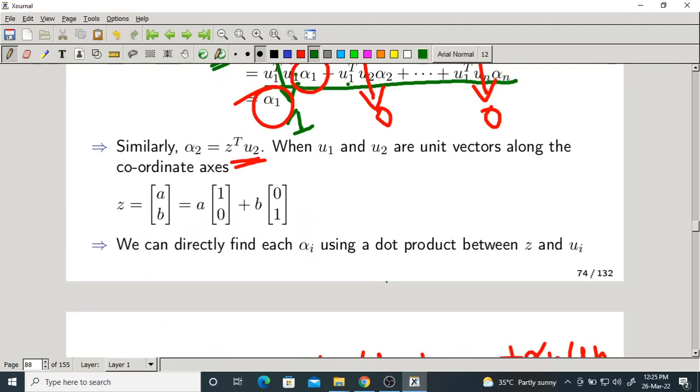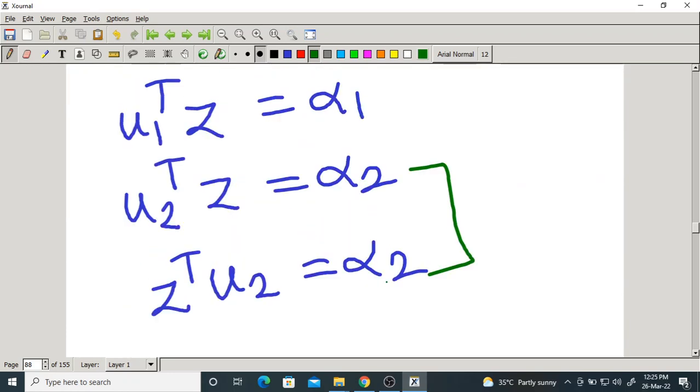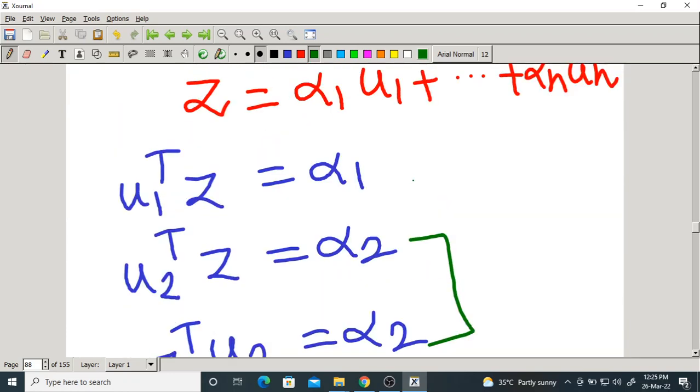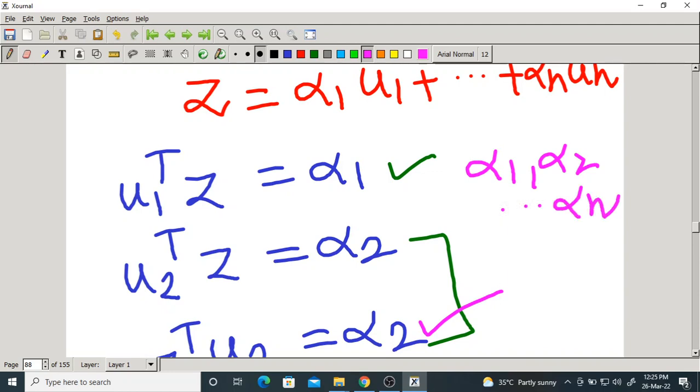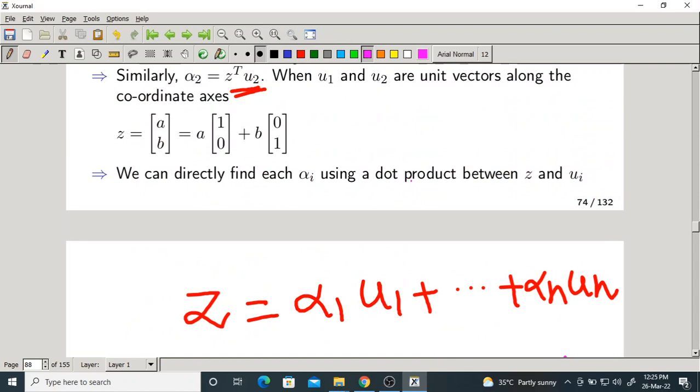Now, in this way, what is the advantage? You can easily calculate these coefficients: alpha 1, alpha 2, so on, alpha n. How? Using the dot product between z and ui.